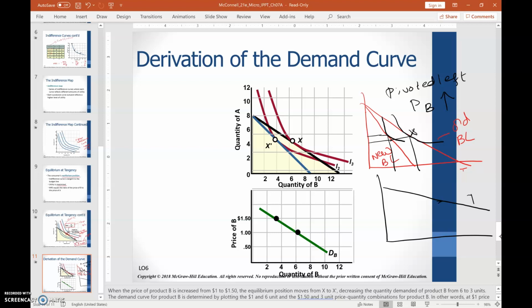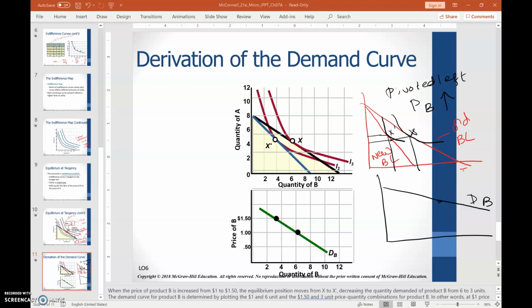So if this is a demand curve for B here, we were looking at the numbers when the price of B was $1.50 and $2.